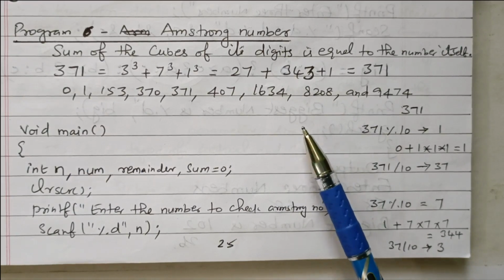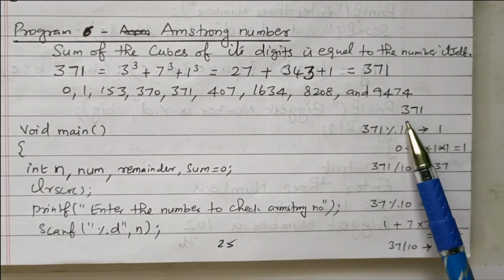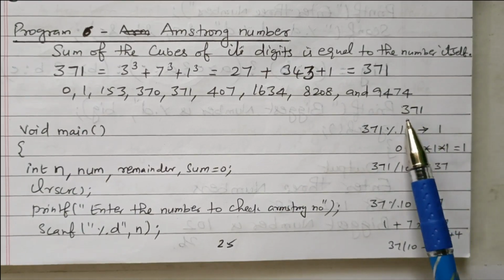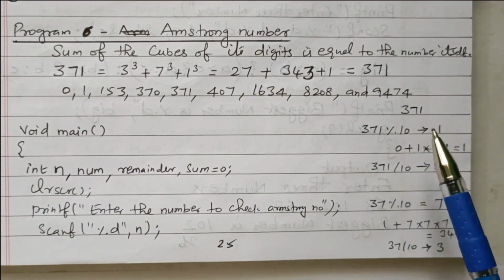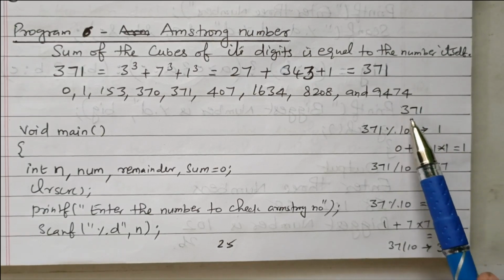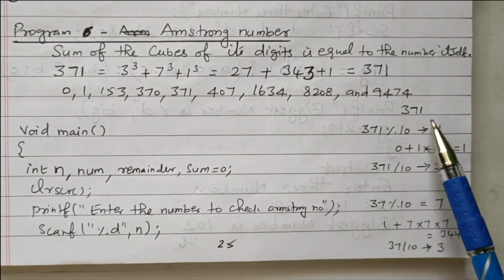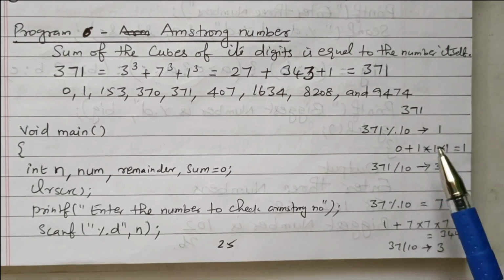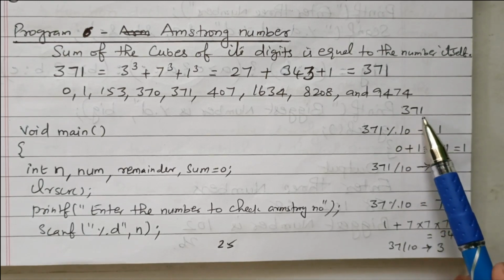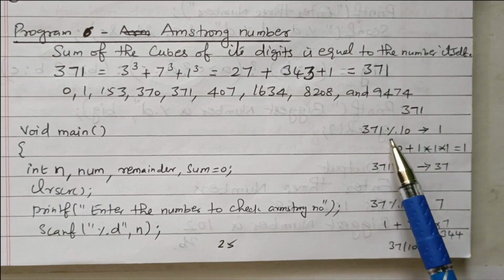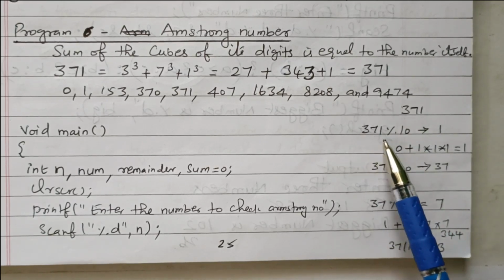Now we'll see the process of how to find whether a number is an Armstrong number or not. We'll take the number 371. We need to take the 3 cube, 7 cube and 1 cube, so we need to extract these digits one by one. How to extract them? For example, we can extract the digit 1 by using modulo division, 371 percent 10.